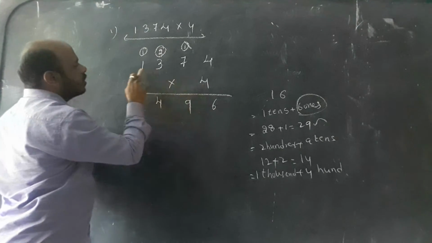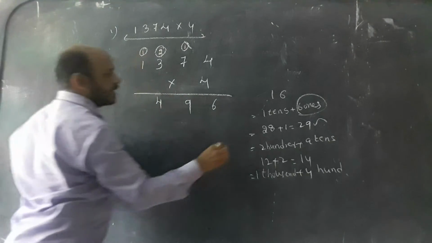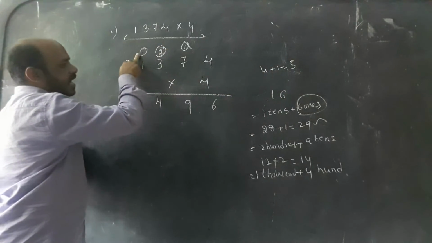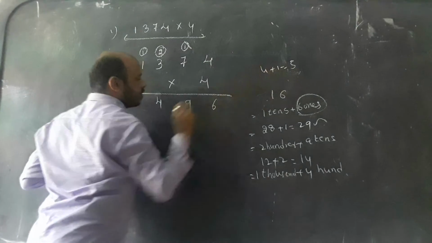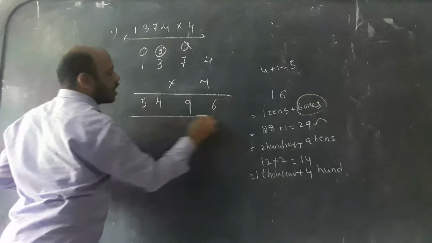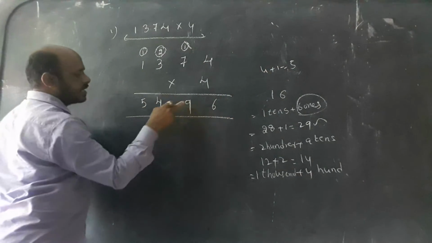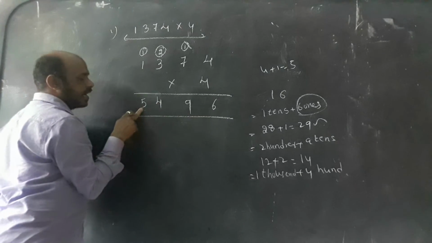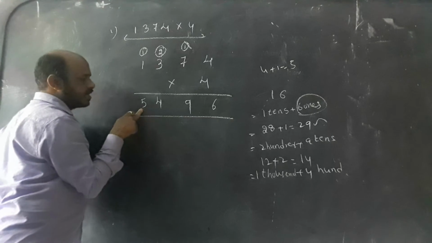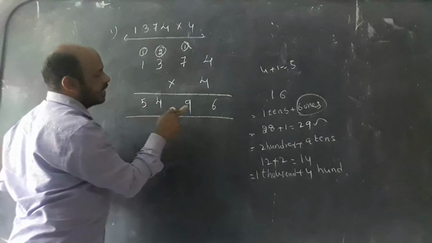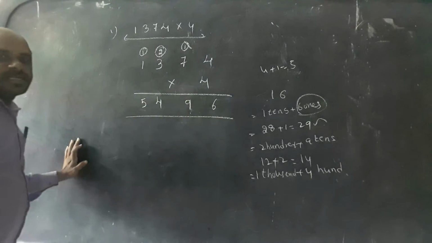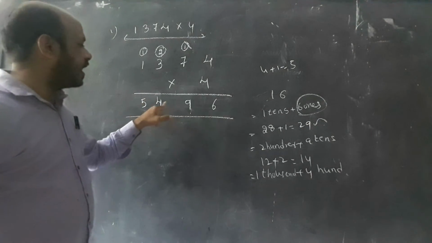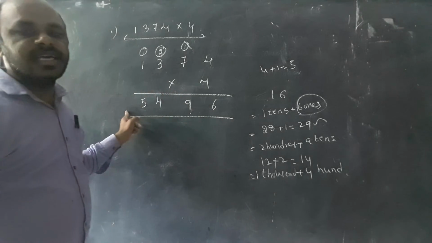Now, 4 1s are 4. 4 plus the carry 1, because the thousands place has 1 carry, which we add, becomes 5. How much should it be, ones, tens, hundreds, thousands? It is 5,000. So the answer is 5,496. What do we call this answer?